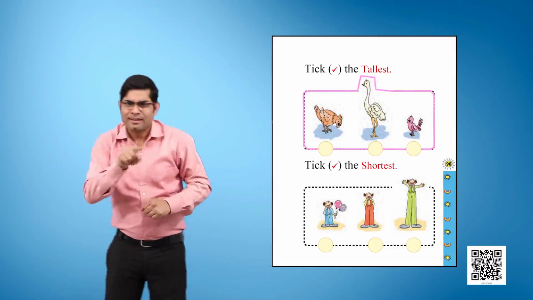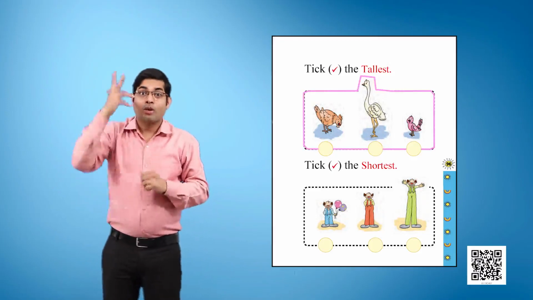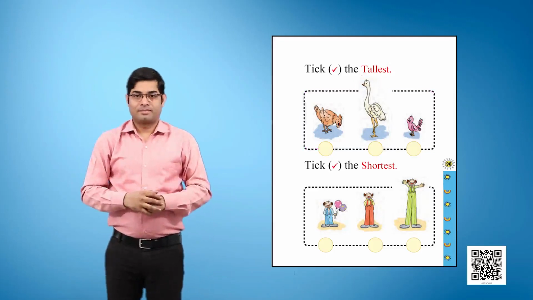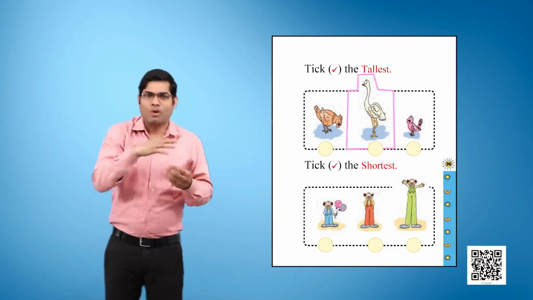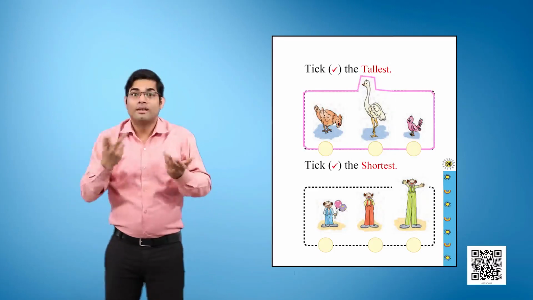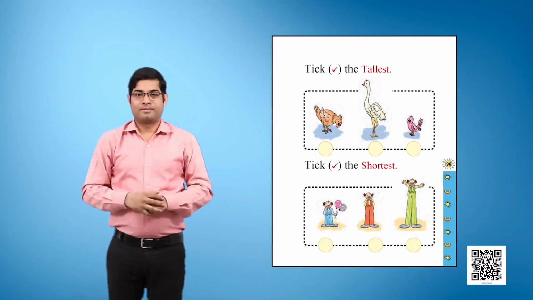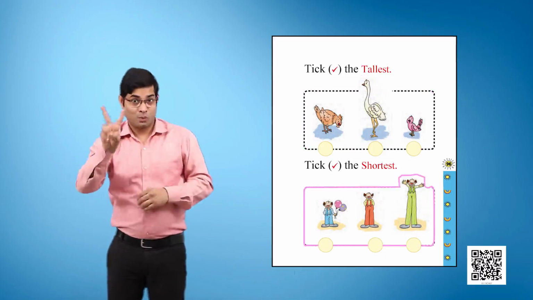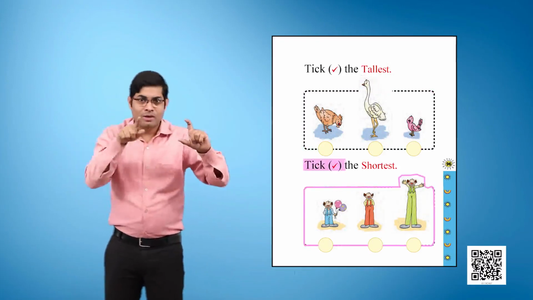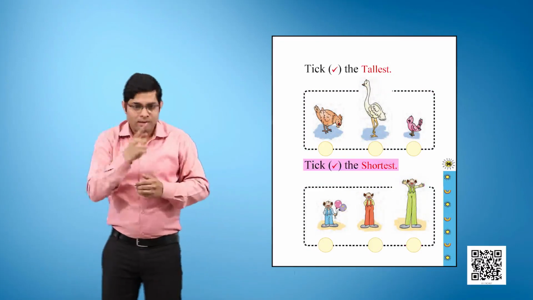You have to identify which one is tallest, the hen, the swan or the chick. Question 2. Tick and identify the shortest.